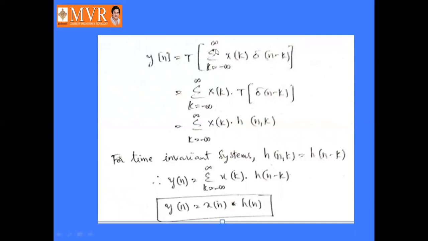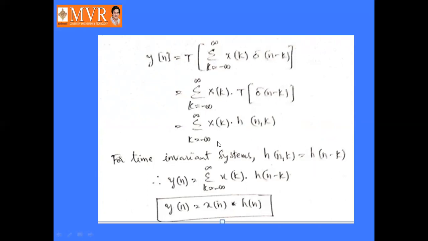Okay, this can be rearranged like this: sigma k equal to minus infinity to infinity x of k into transformation of delta of n minus k. The transformation of delta of n minus k can be written as h of n comma k. For time invariant systems, h of n comma k is equal to h of n minus k.